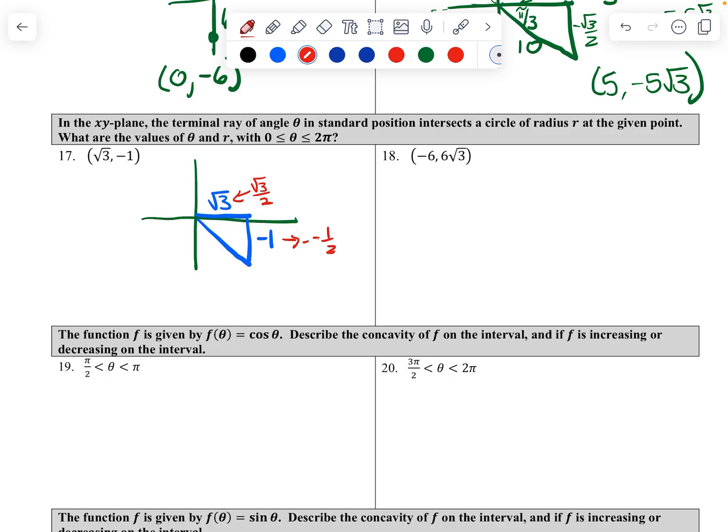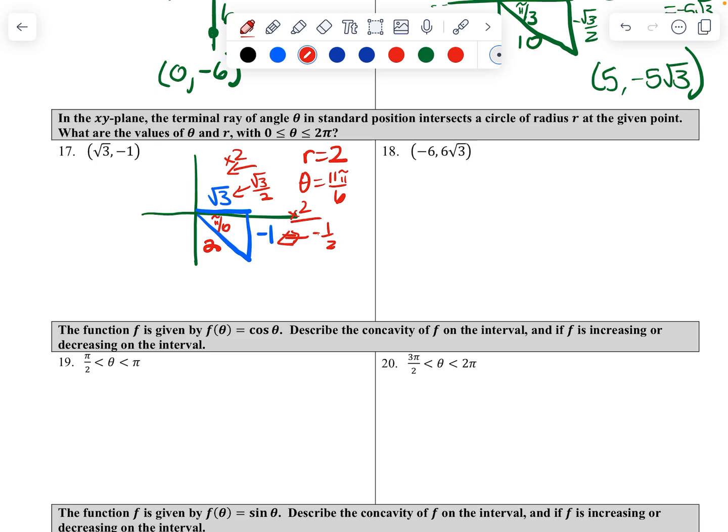It looks like we multiplied by 2. So that means our radius is 2. And now we know this angle, it's opposite half, so that's pi over 6. And what is it in this angle? Well, that is 1 less than all the way around, so theta is 11 pi over 6.